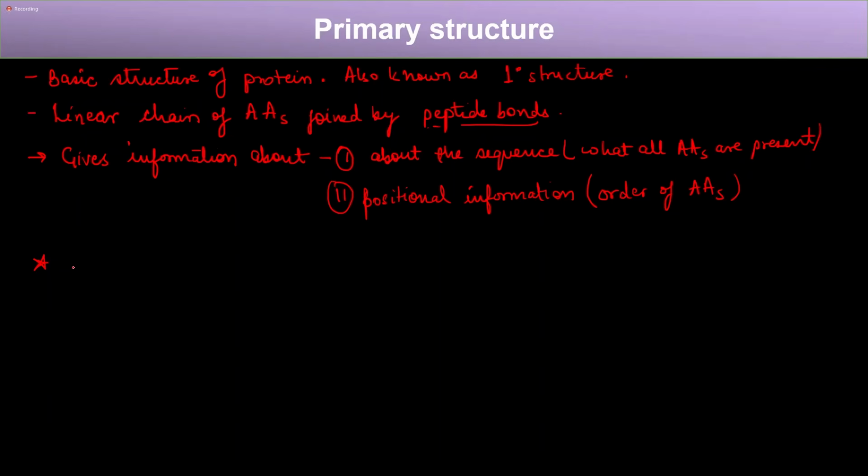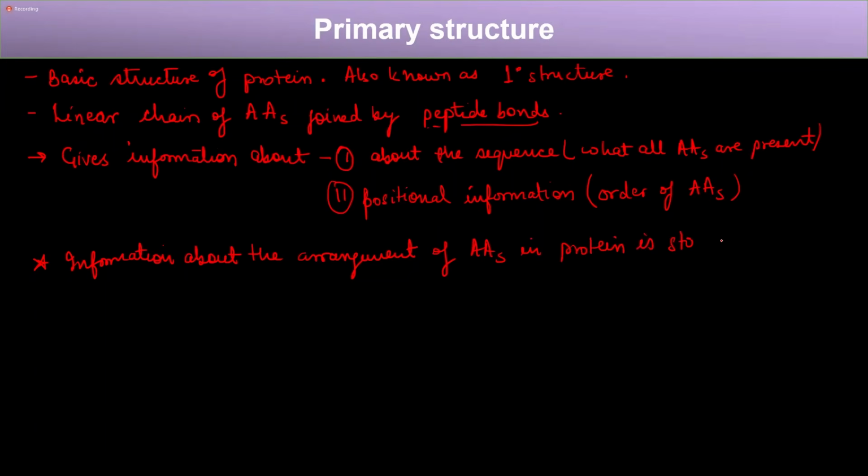The information about the arrangement of amino acids in a protein is stored somewhere, and it is stored in DNA. So this information about the order and what all amino acids will be present in a protein is stored in DNA.